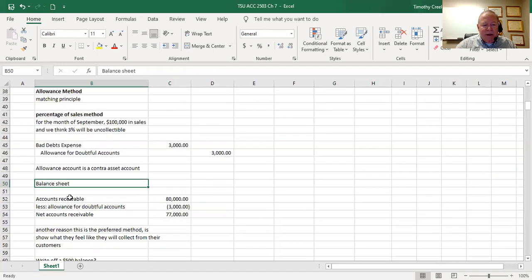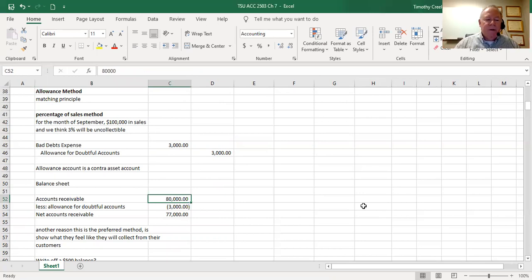A company would have their accounts receivable balance, which reflects everything that's owed to them by their customers, and then less the allowance for doubtful accounts, which would be, again, what they feel like they're not going to collect. Then you would have net accounts receivable, which would be the difference.